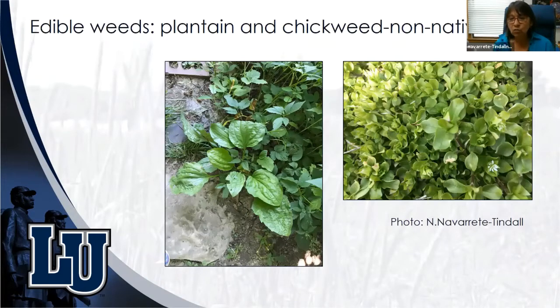But I also like to point out, and I will show you, some of the common weeds that are also edible. So you might find them in your yard already. For example, plantain, the broadleaf plant that you see in the first picture, is edible. The leaves can be consumed early in the spring.